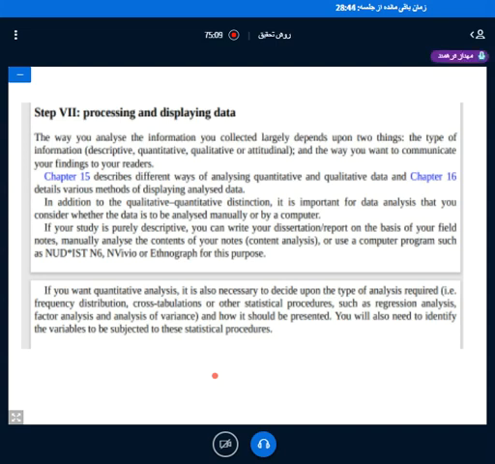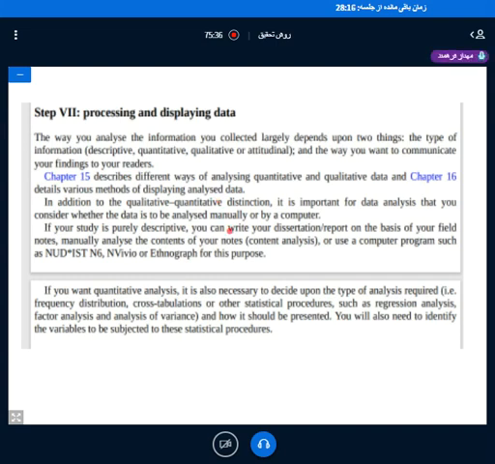Chapter 15 describes different ways of analyzing quantitative and qualitative data, and Chapter 16 details various methods of displaying analyzed data. So, as I told you, in different chapters we are going to study, for example, processing and displaying data. So, step 7 is processing and displaying data.